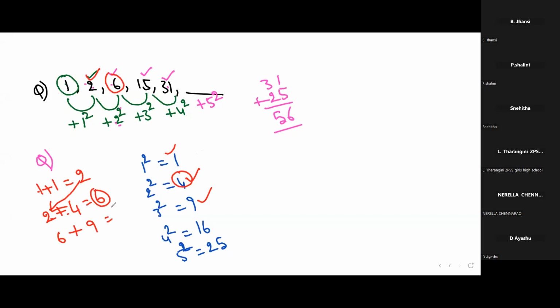Again, for that, I am adding the next number. So for that, you have to add the next square. Next square is 25. That's how you get 56. Is it clear now?